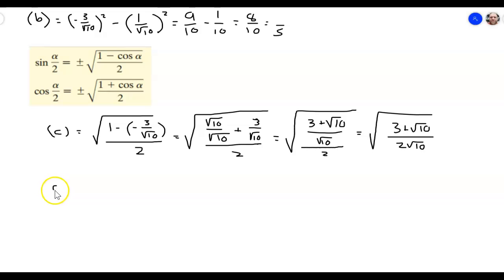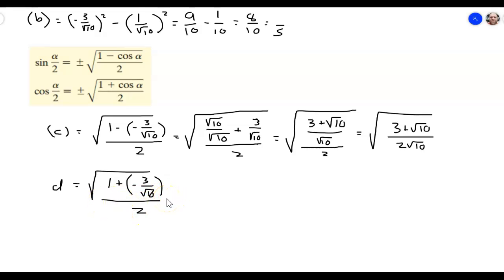All right, and then for D, that plus just becomes a minus. So you'll get 1 plus a negative 3 over root 10, all over 2.